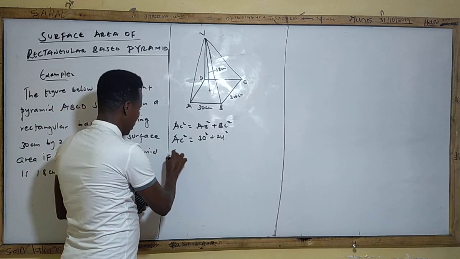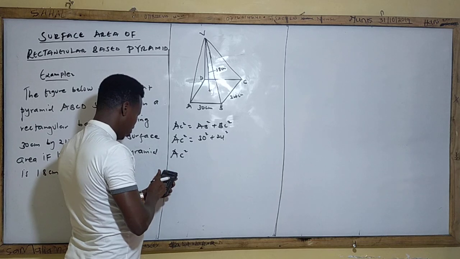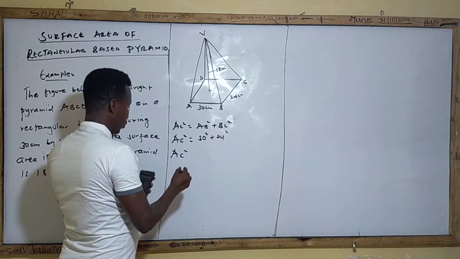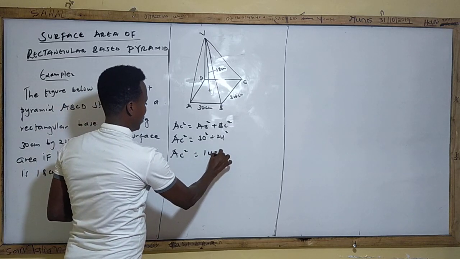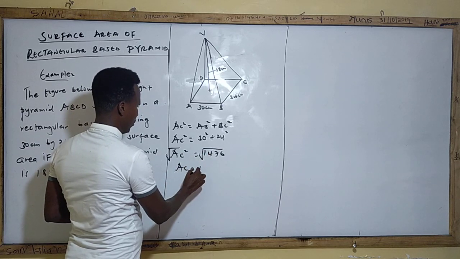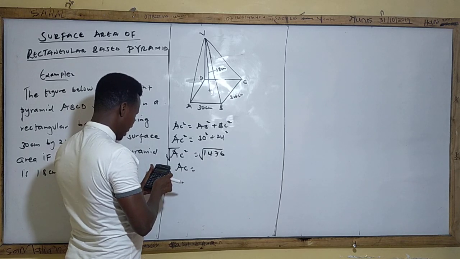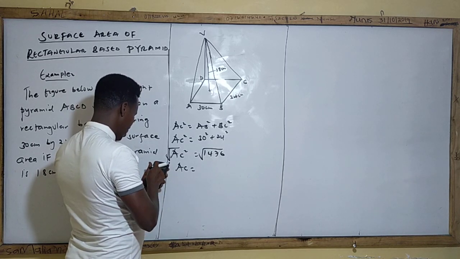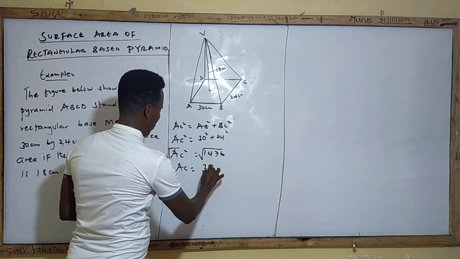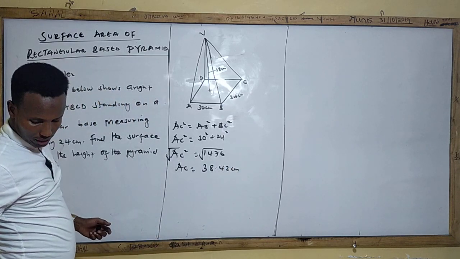This will give me 1476. Then introduce the root. AC will be the root of my answer, that's 8.42 centimeters. That is AC.